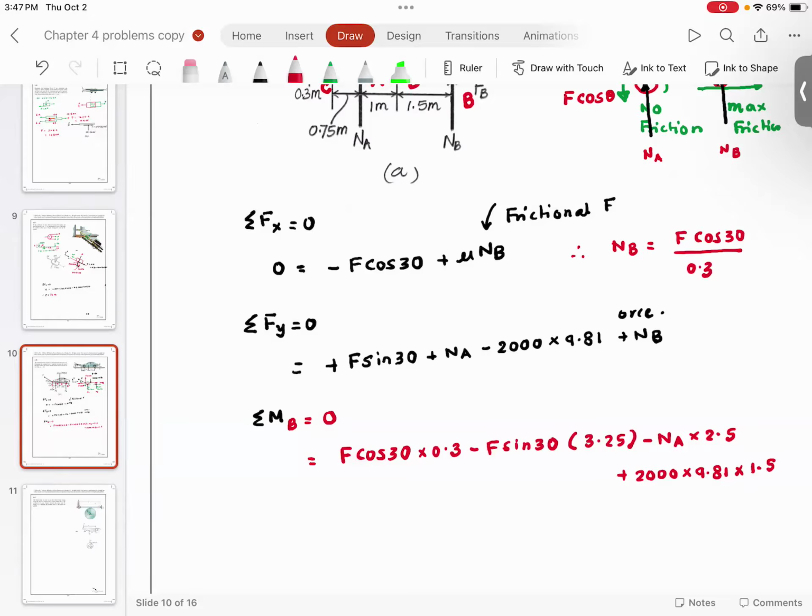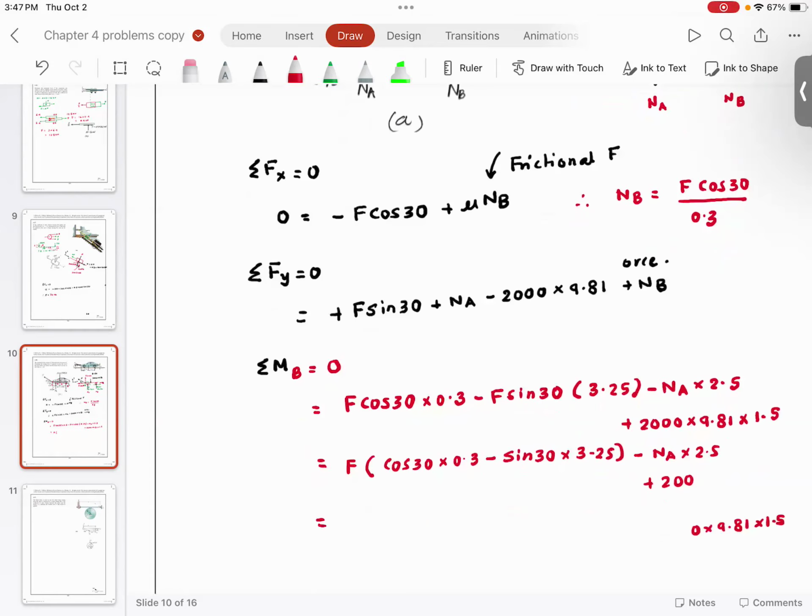From the last equation, I'm going to find out, can you see F? So I will have this F in the parentheses, cosine 30 divided by 0.3, minus sine 30, times 3.25, minus NA times 2.5 plus 2000 times 9.81 times 1.5. Can someone quickly tell me what is this value?